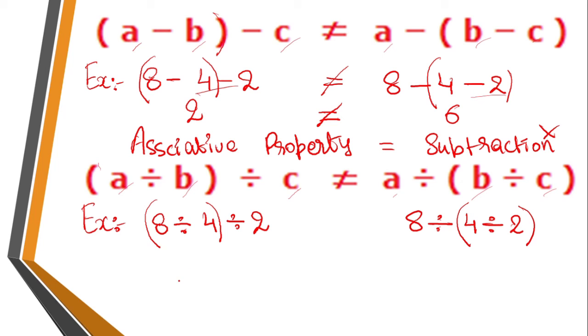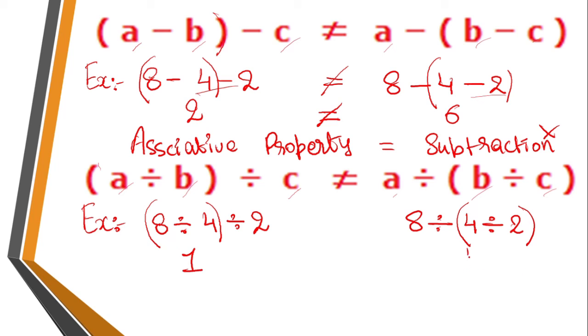So 8 divided by 4 is 2 and 2 divided by 2 is 1. So our answer will be 1 here. And here we have 4 divided by 2. So 4 divided by 2 is 2. And if we do 8 divided by 2, we will get our answer as 4.